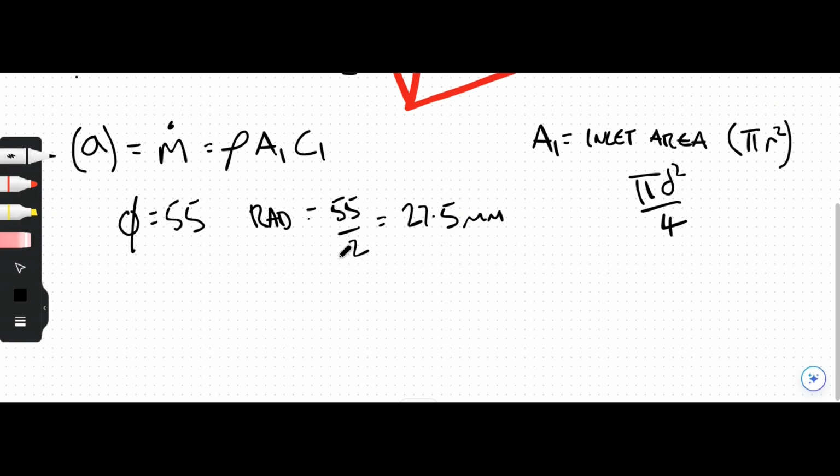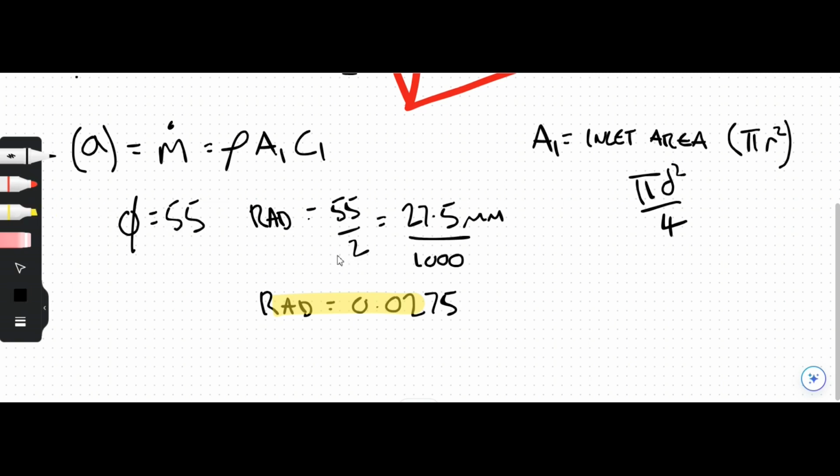We can't be in millimeters, we've got to be in meters. There are 1,000 millimeters in a meter, so if you divide that by 1,000, the radius we're going to be using is 0.0275.